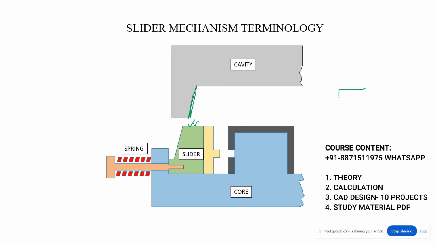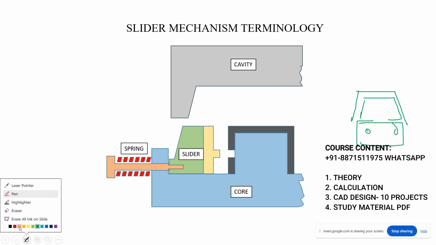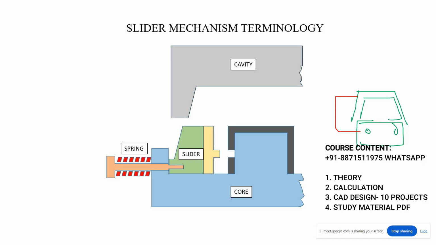But for example, if we have a big undercut like this, for example, a car type component like this with an undercut like this, for this type of undercut we have to use a big slider, right or wrong?